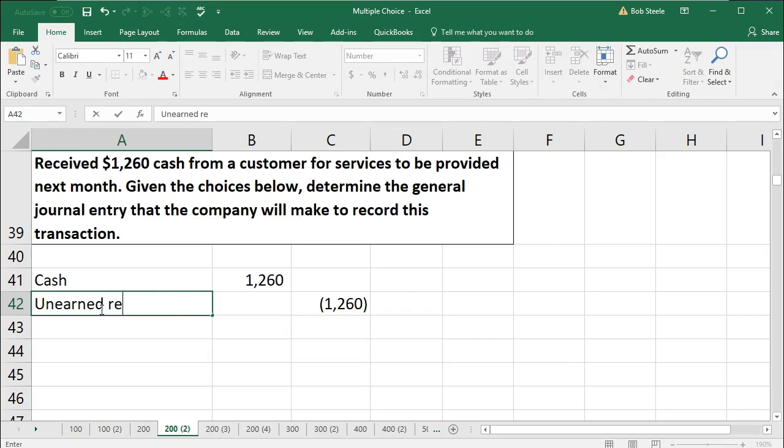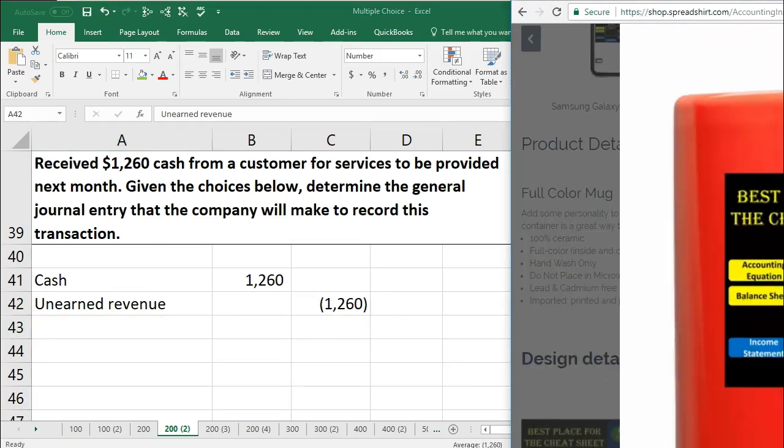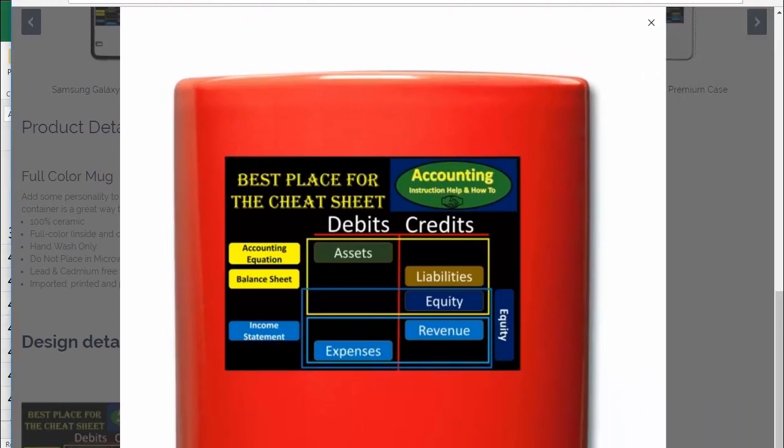unearned revenue. Now, it depends on the type of company. Whatever the business is, if it was a rental company, it would be unearned rental revenue. If we did lawn keeping, it might be unearned lawn service revenue or something like that. But the principle is it's going to be unearned revenue. Note that we already know it's a credit, so if we needed to check that, if we had a trial balance or a cheat sheet, we can see it's a liability account.